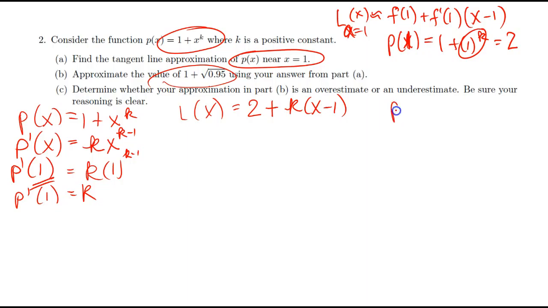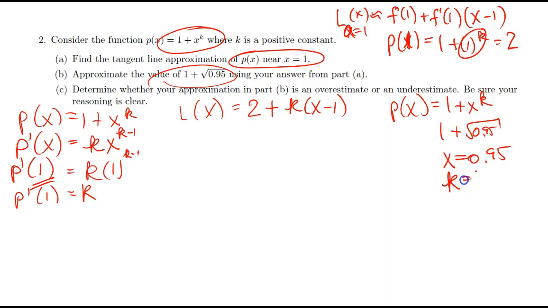Well, if we compare p of x equals 1 plus x to the k to this, 1 plus the square root of 0.95, here x equals 0.95, doesn't it? And k is equal to 1/2, because the square root of 0.95 can be written as 0.95 raised to the 1/2. So we will use these to approximate.